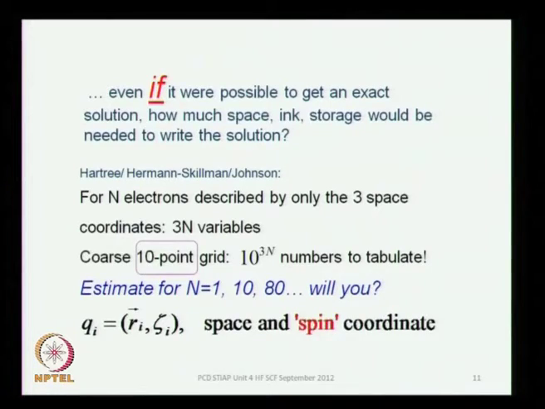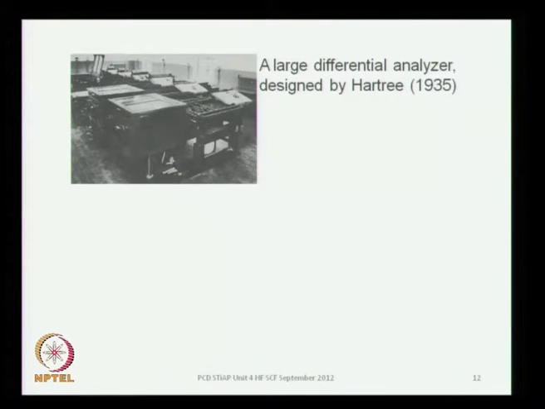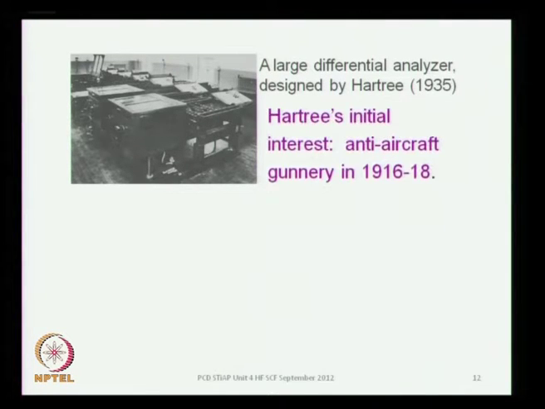In addition to that, of course, you have got the electron spin, which we know. The history of the development of Hartree's method is really very fascinating. I think it is worth reading. This was a differential analyzer which was designed by Hartree in 1935, and Hartree played a big role in the development of computers. Initially he was interested in anti-aircraft gunnery, that was his initial interest.